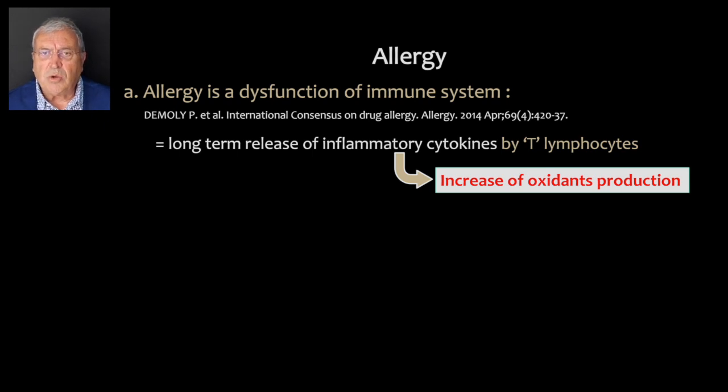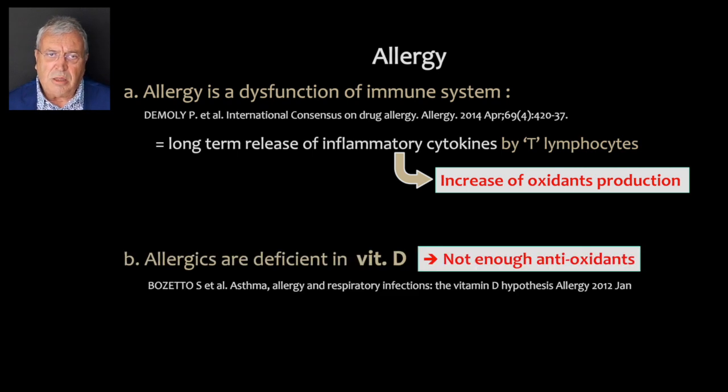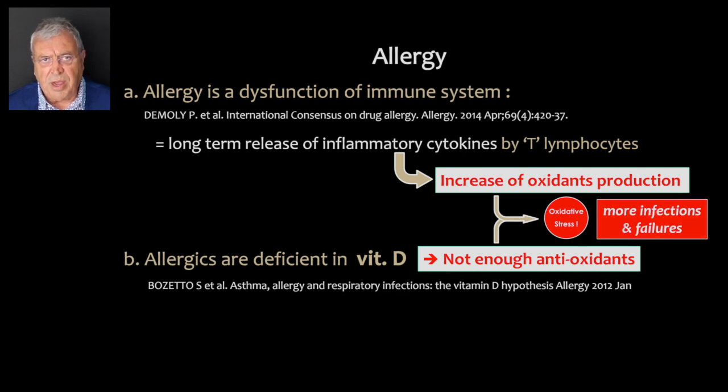We will increase the oxidant production. At the same time, allergics are deficient in vitamin D. And we know that with deficiency of vitamin D, they will not be able to produce enough antioxidants. And then the conclusion is very simple. They are in oxidative stress and they will meet more infection and failures.